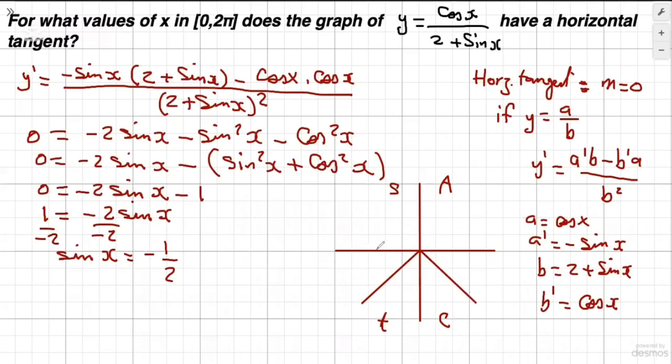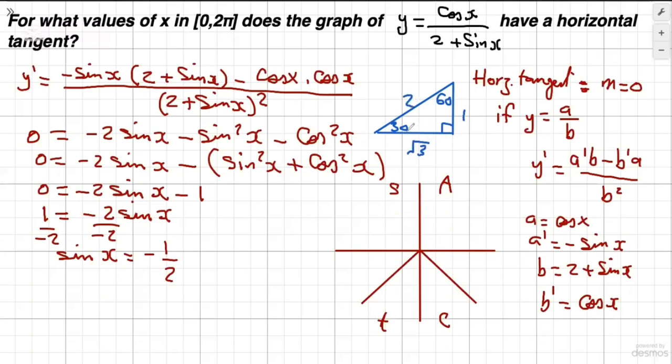Also, what we need to remember here is our special angle triangle. So I'm just going to draw that right here. So here's the 30-60 degree triangle: 1, root 3, 2.